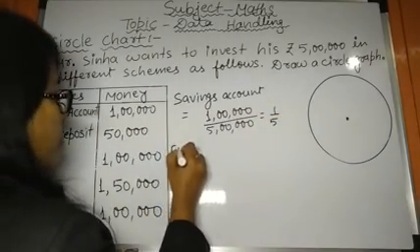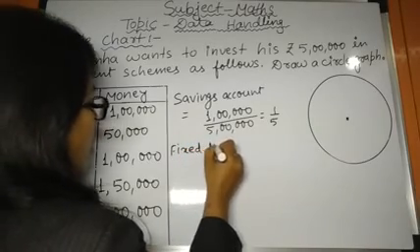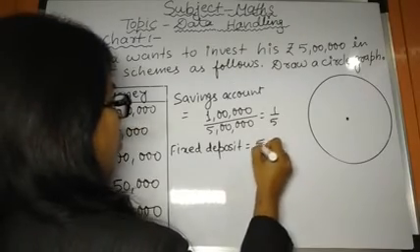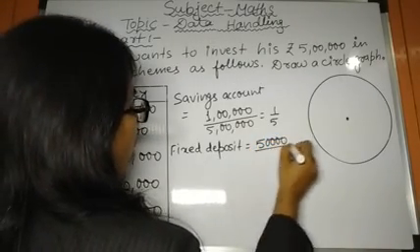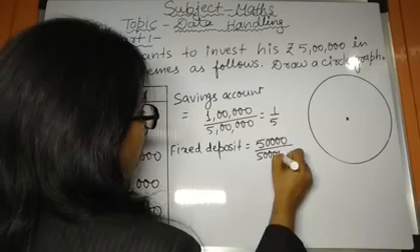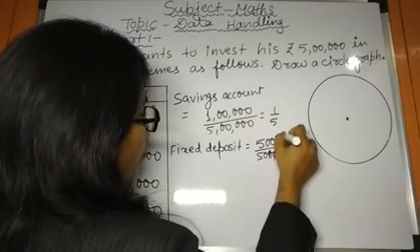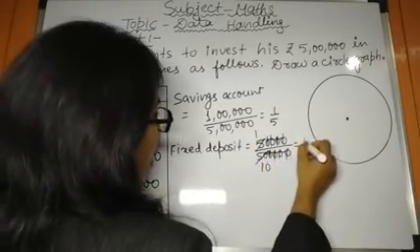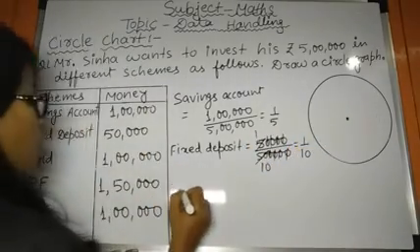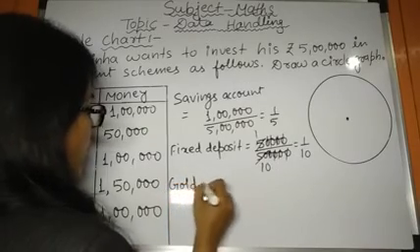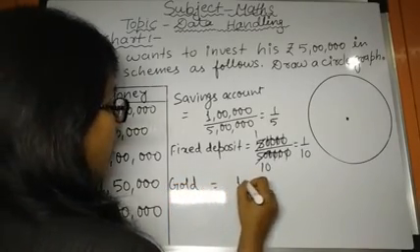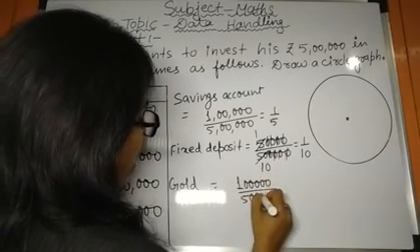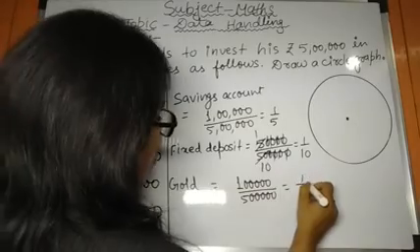Similarly for fixed deposit, how much? 50,000 divided by 5 lakh. So it is 1 upon 10. Gold, it is 1 lakh upon 5 lakh, that is 1 upon 5.